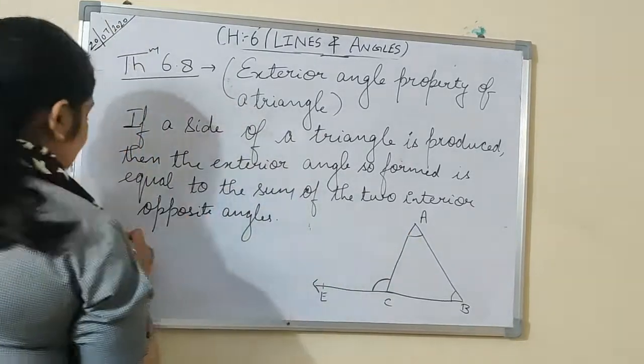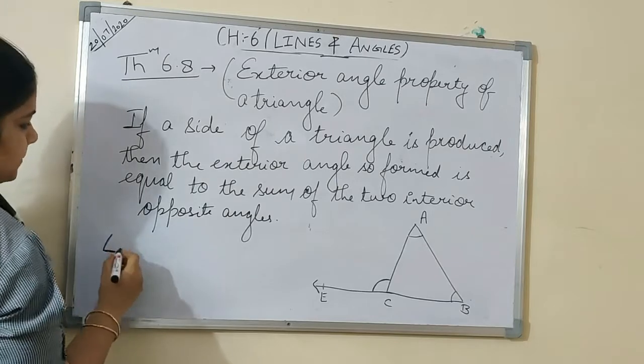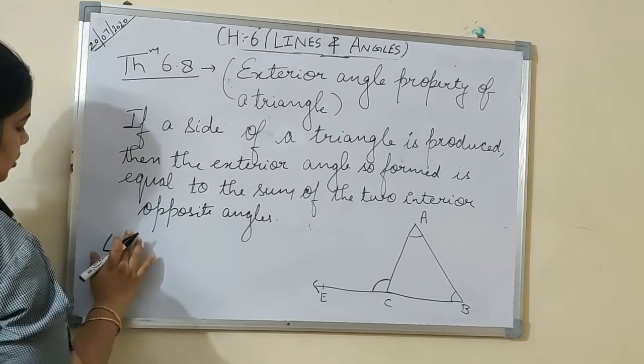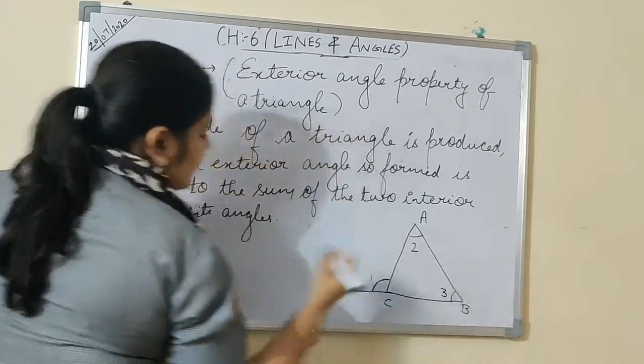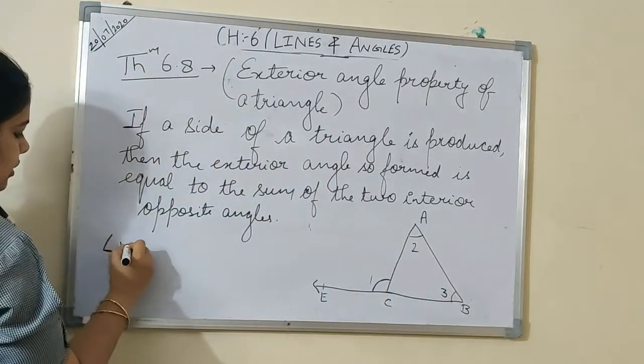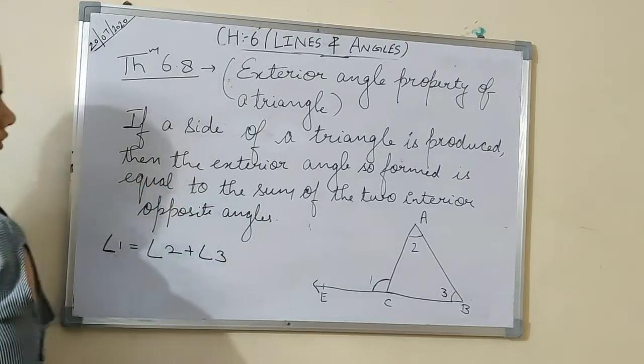So what can I write from here? I can write that, I'm just naming it, angle 1 is equal to angle 2 plus angle 3.